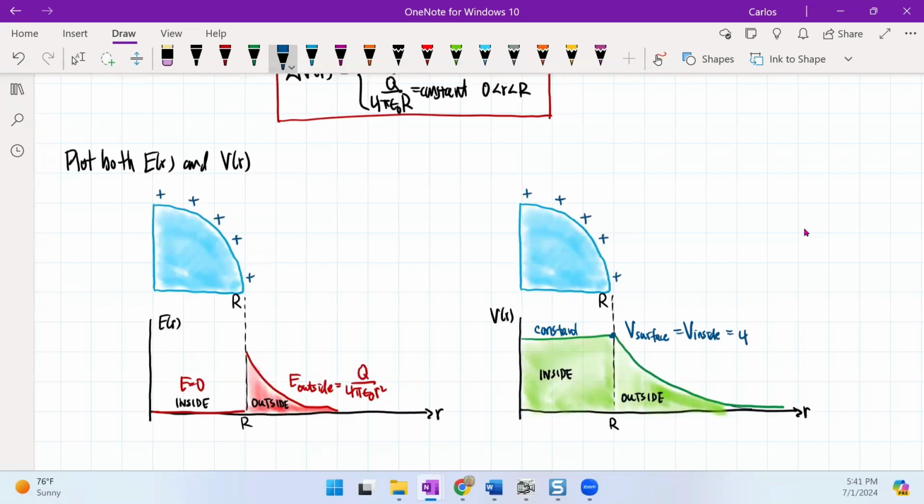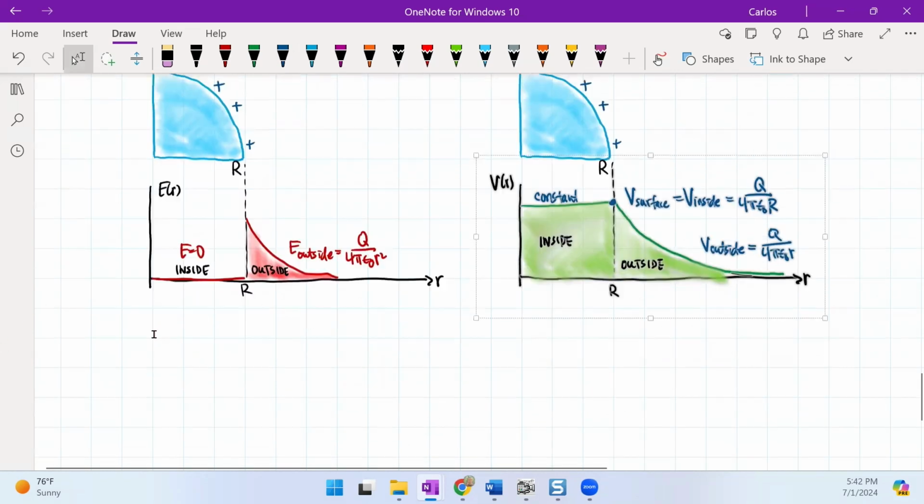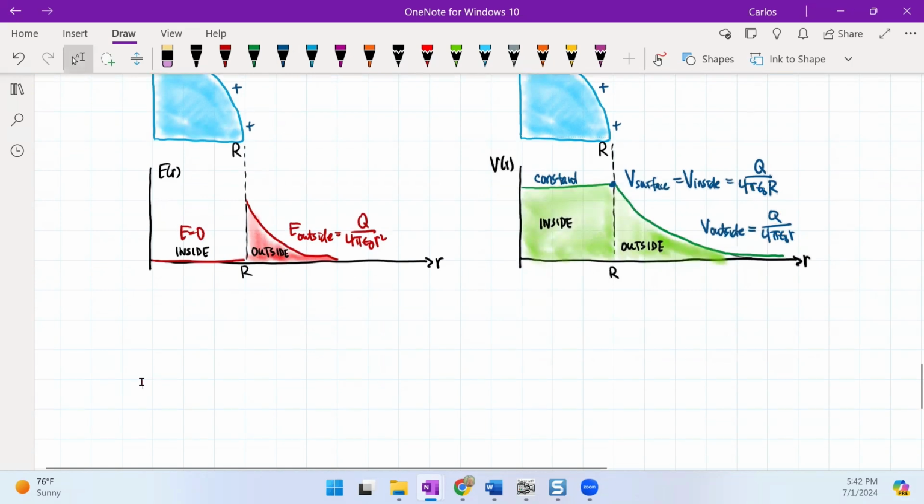And this guy is Q over 4 pi epsilon big R. Whereas out here, I have V outside, which is then equal to big Q over 4 pi epsilon r. So what I want to do is take this with me, and I want to interpret what that means. So let's go look at that. There's a lot to unfold.